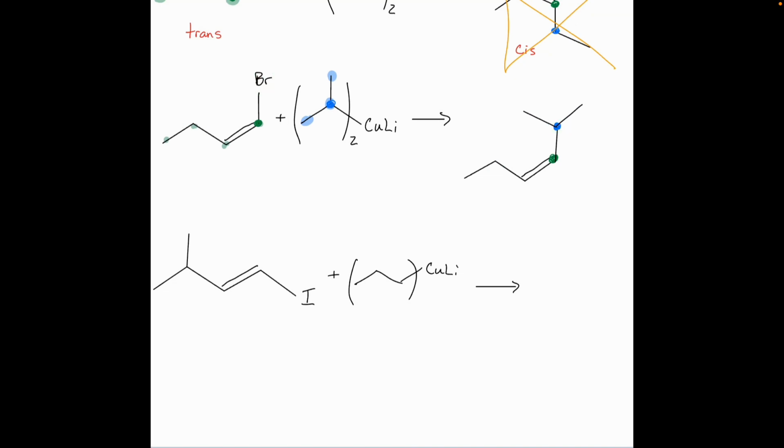So then down here, again, let's identify which carbons we're linking together. This one here, and this one here. We're going to start with, what do we got? 1, 2, 3, 4, and then a 5th one up there.